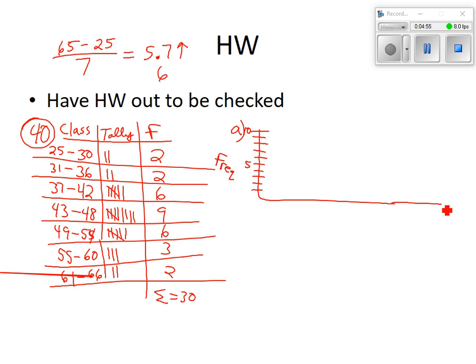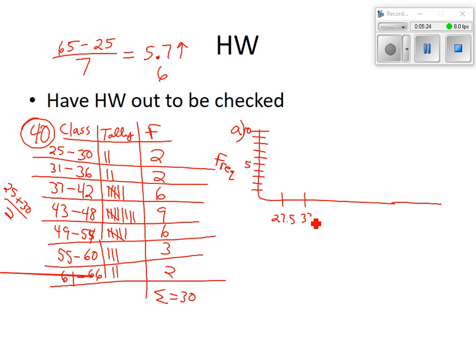Somebody help me out for this first midpoint, and I can find the rest of them. We add these two together, 25 plus 30, then we divide that by 2. That gives us 27.5. So that's my first one. To get the rest of them, all I'm going to do is add 6 to that, the same as the class width we found.